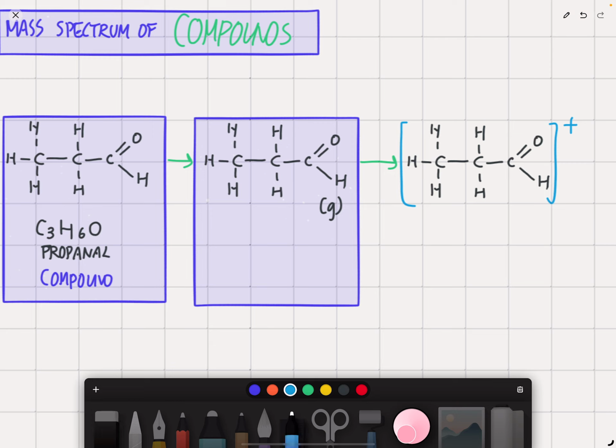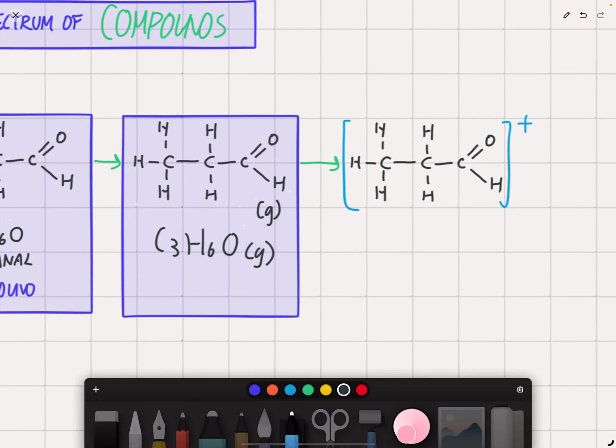So we have C3H6O gas in this part, and then we have C3H6O plus. The entire thing is a positively charged ion, or you can just write the plus charge on the outside. But note that the plus charge applies to the entire molecule. So we call this a molecular ion.